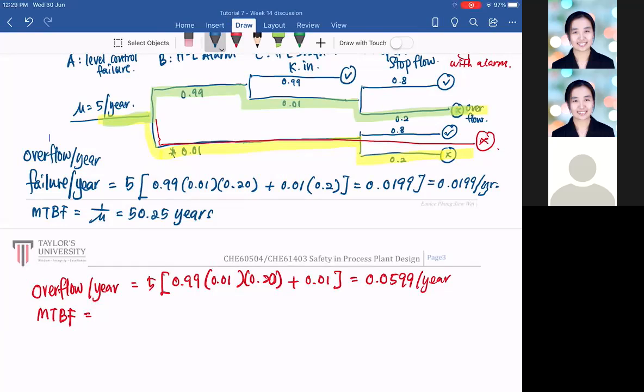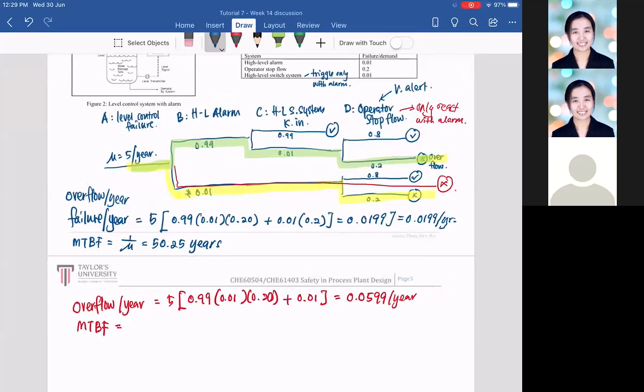But if we assume that the operators are just not aware of what is going on, they will only react with the alarm. So you will see that this level of potential overflows has cut down to become 16.7 years.